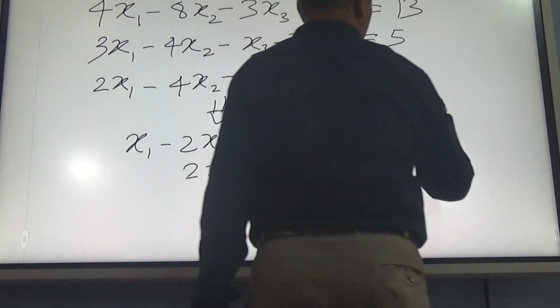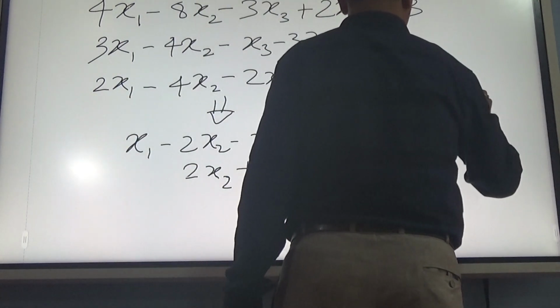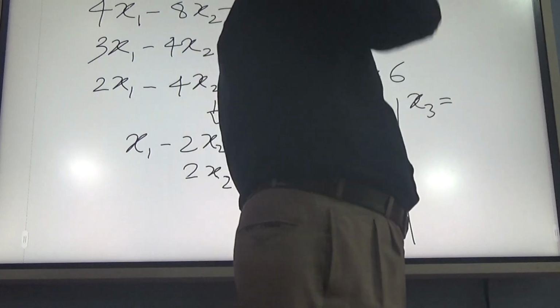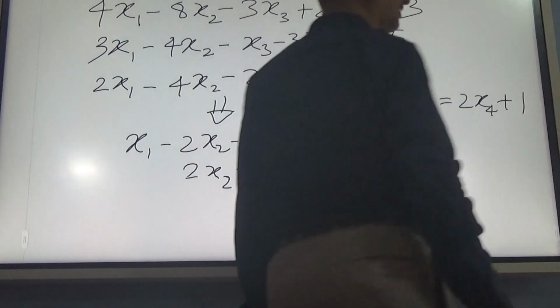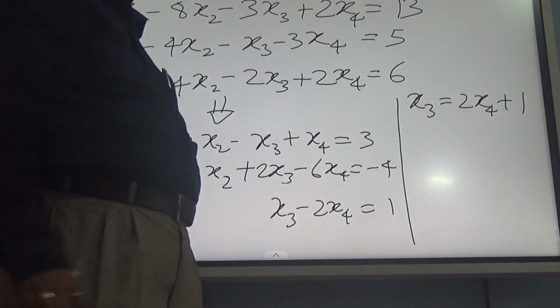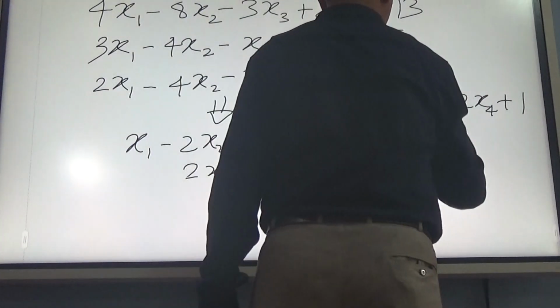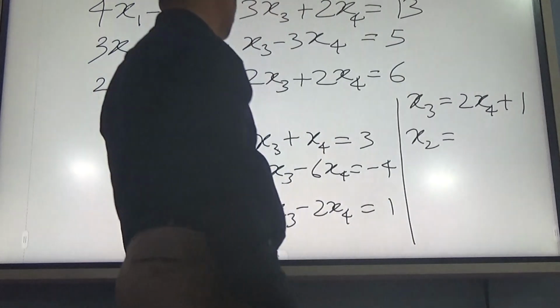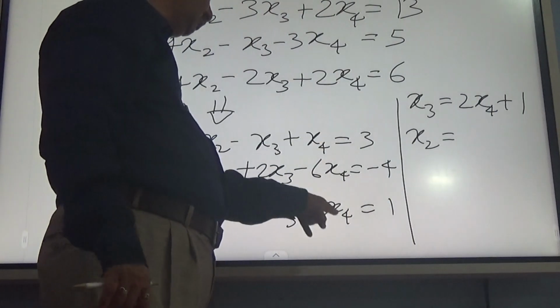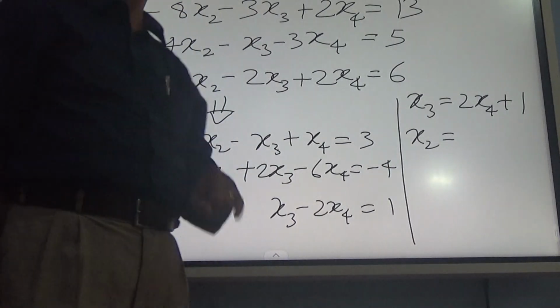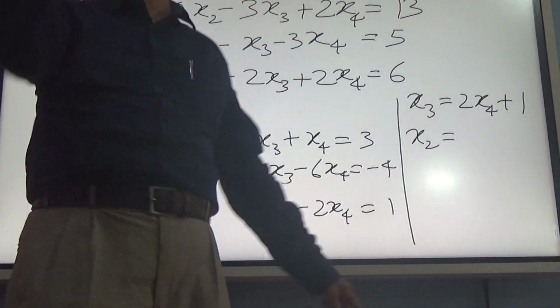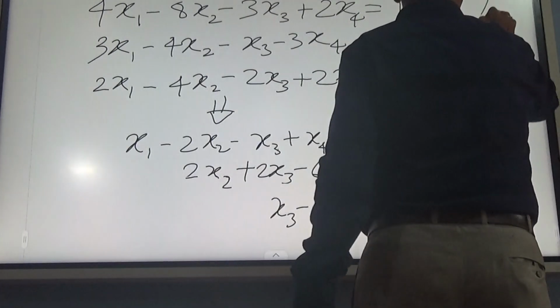x3 equal to what? x3 equal to 2x4 plus 1. Right? What would be x2 then? So now the solution will be in terms of x4, which you call t. It is now not constant.